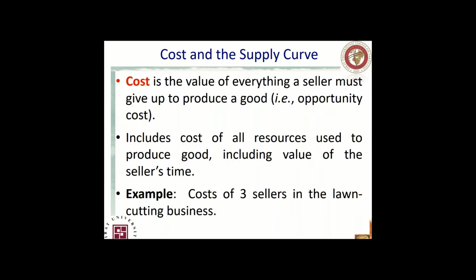Now, the cost to sellers is anything they have to give up to produce the goods or services. And remember the opportunity cost, whatever must be given up to obtain some item. Now, a producer may not just pay money to produce a product. Think about other resources like electricity, water, rental, all these things.